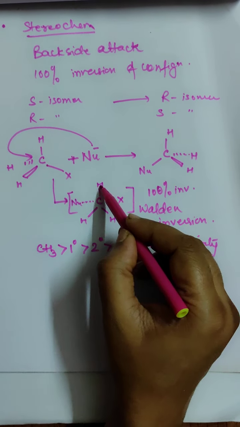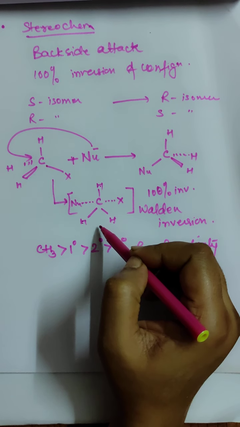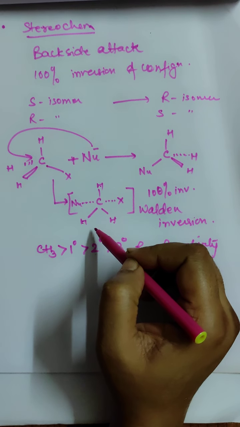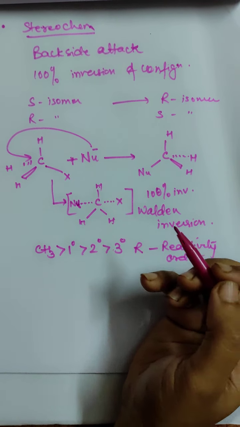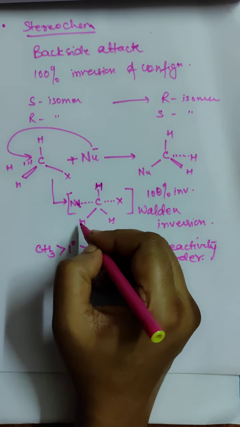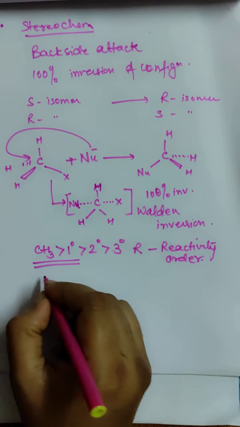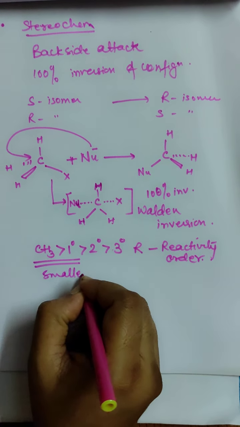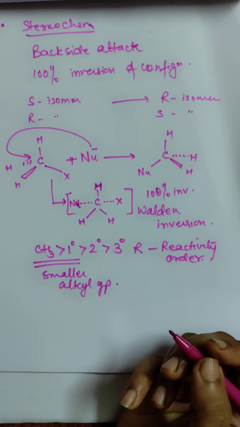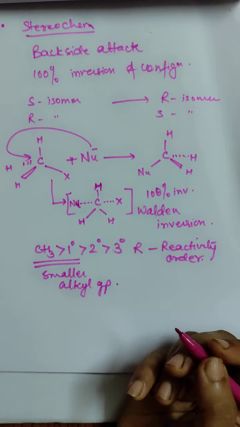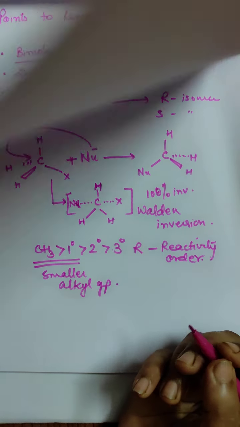So, if there is steric hindrance at these positions, then the simultaneous bond formation and bond breaking will not take place, as the nucleophile will not be able to attack from the backside. So, we need compounds here which are less sterically hindered. That is why the simpler or the smaller alkyl groups favor the SN2 mechanism. So these are the points that you have to remember for SN2 mechanism.